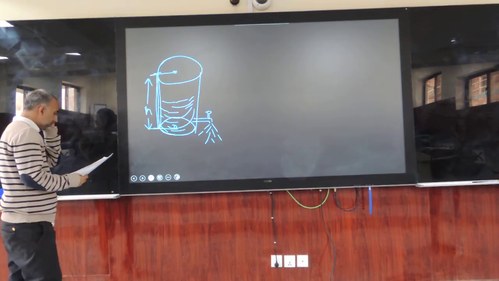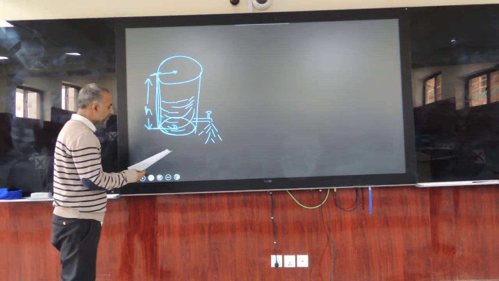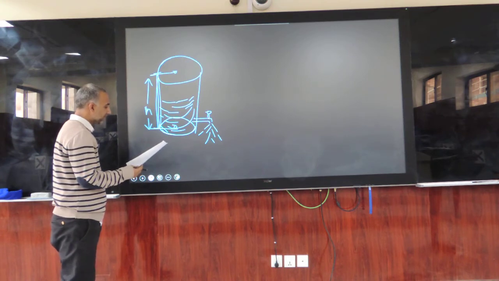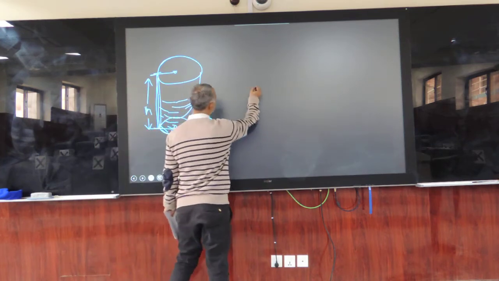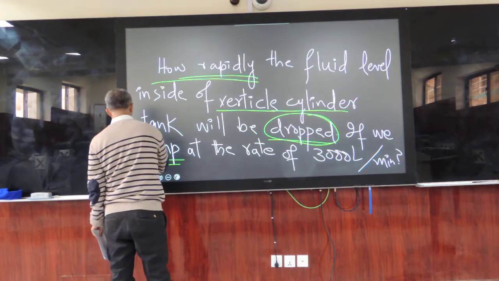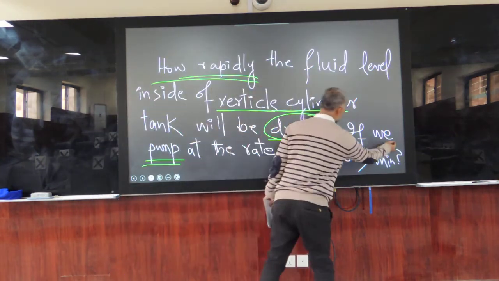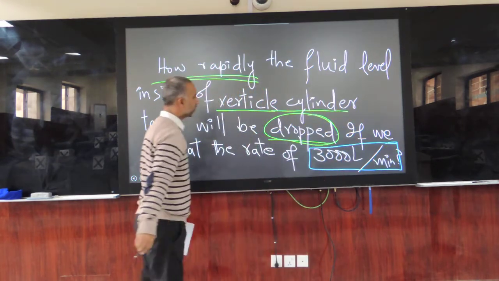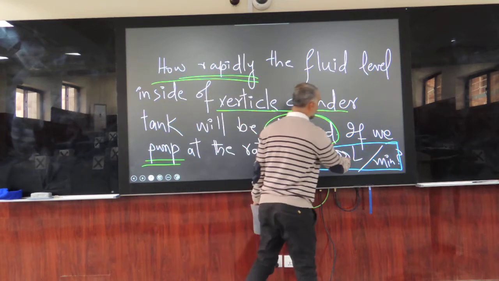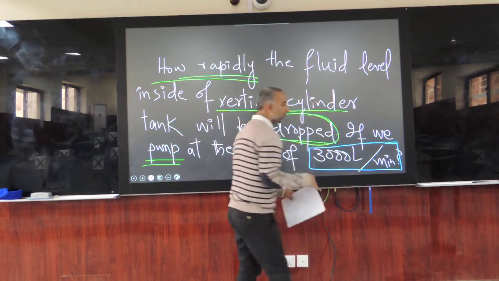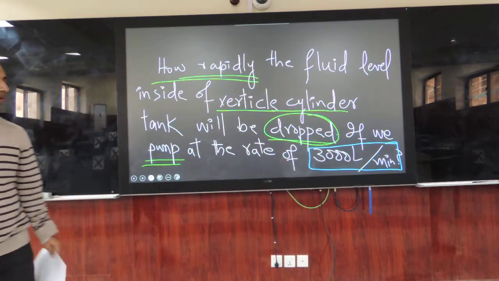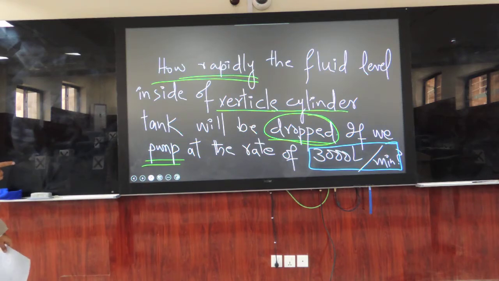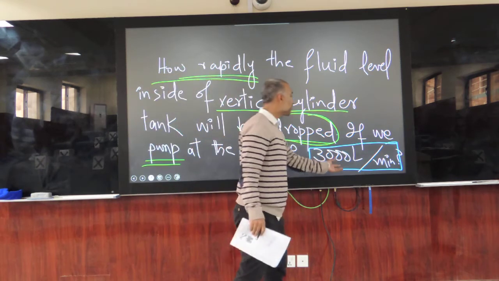The pump is given here. Remember one thing: the statement is telling us 3000 liters per minute, so something is changing, and this change is given in liters per minute.